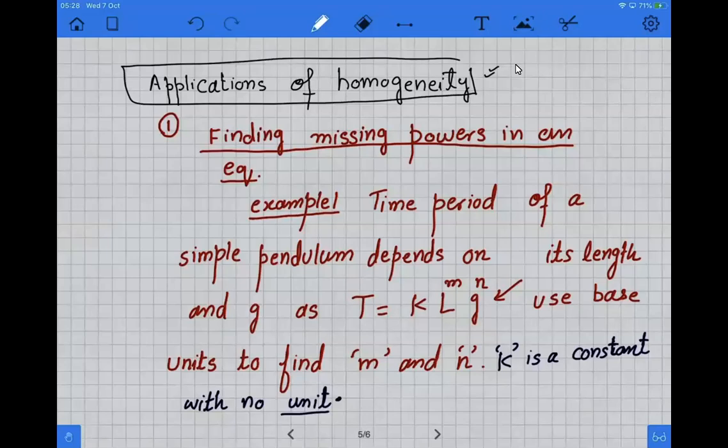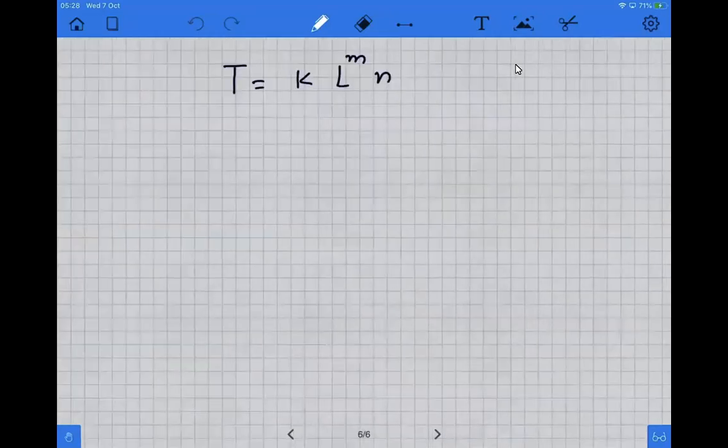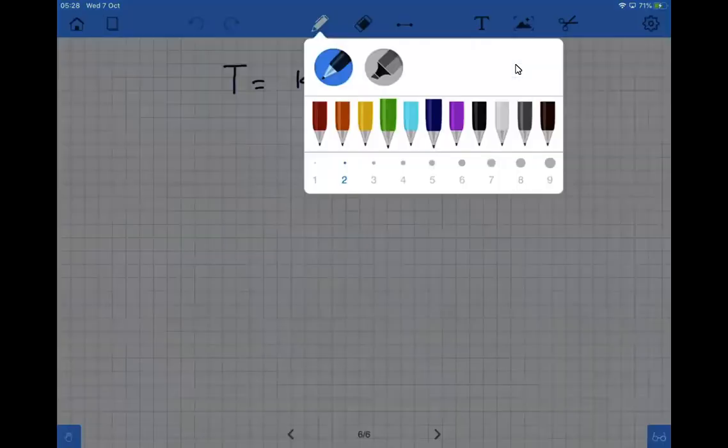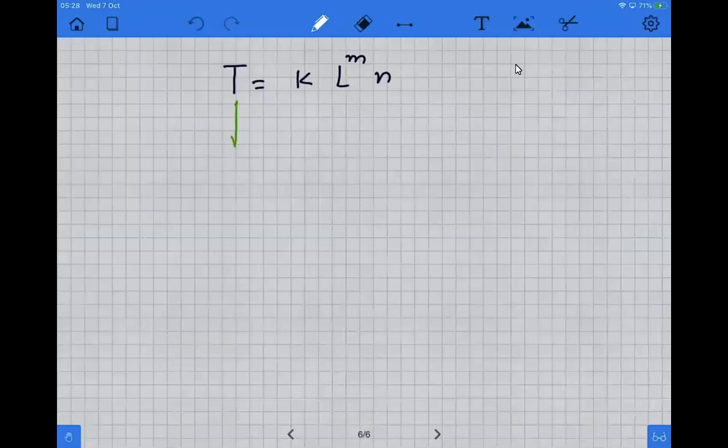So to solve this, unit of time period is second. K has no unit. If something has no unit, it is substituted with 1.